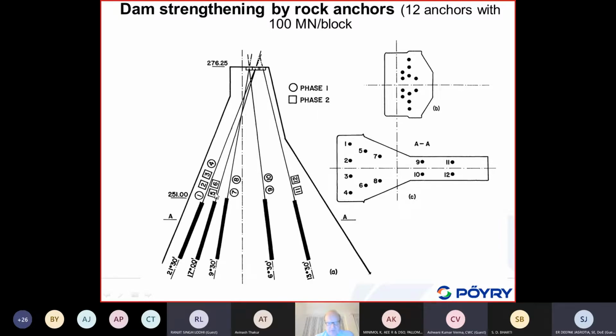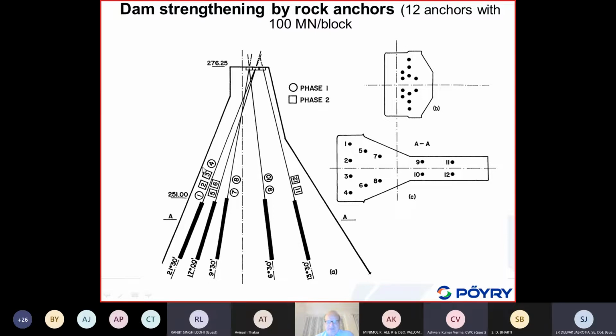Okay, so the critical failure, which I have shown before, was basically at the kink. So therefore, it is anchored below this kink zone or the damage zone in order to increase the vertical stresses.